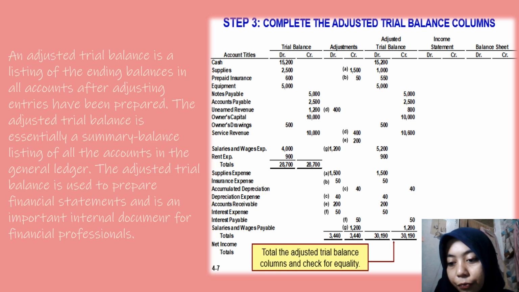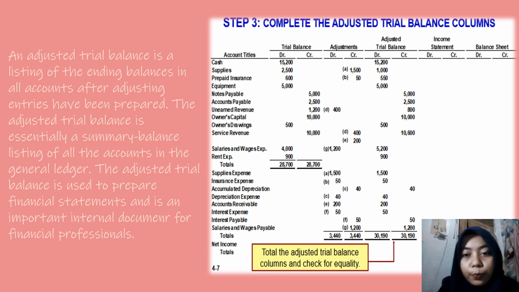So next, after you subtract it, 2,500 minus 1,500, the total is 1,000. You put that into the adjusted trial balance.